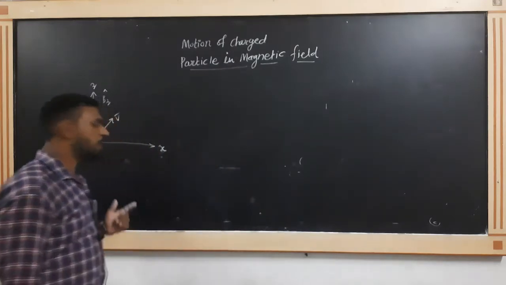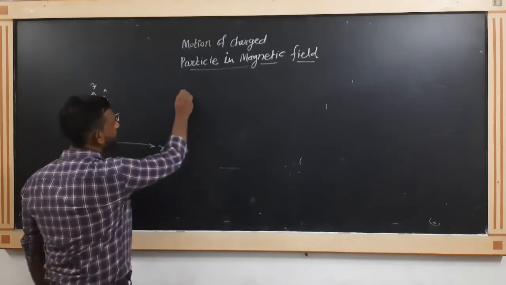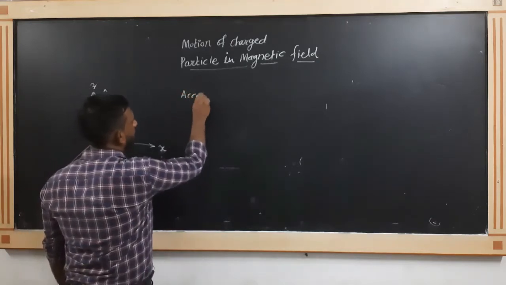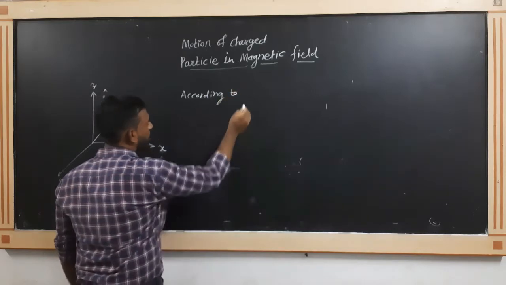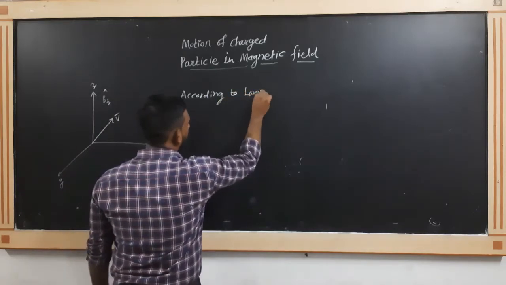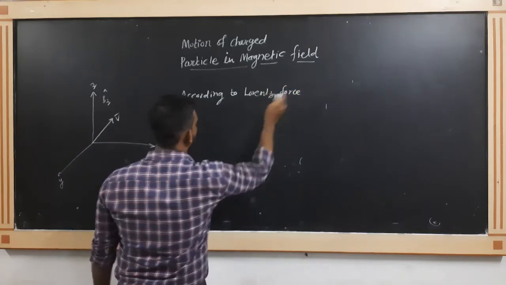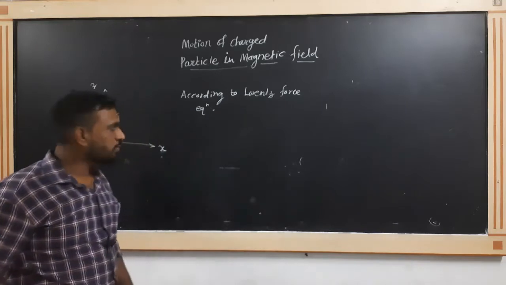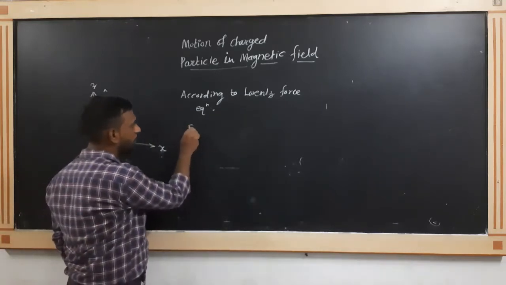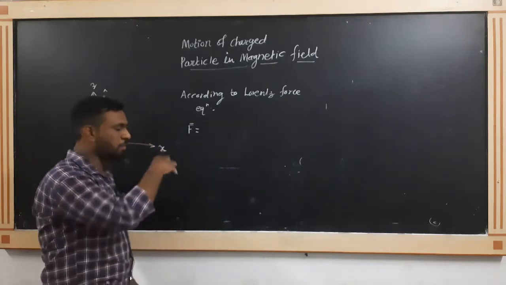Okay, so let's do some mathematics. According to the Lorentz force equation, F bar is equal to Q V cross B, the force experienced by the charged particle in a magnetic field.